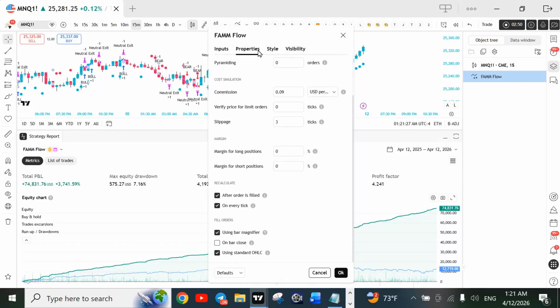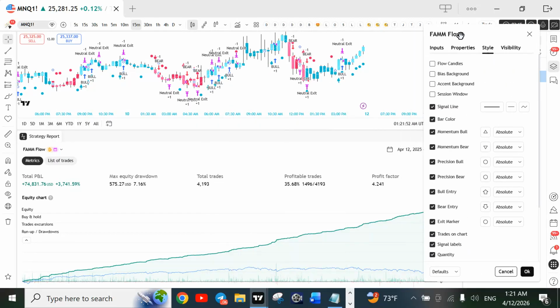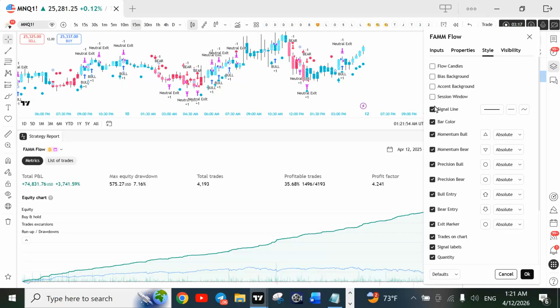And that's really it. Now, if you get it and it's not in this layout and you just pull it out, pause, these are going to be checked. I want you to uncheck all of these in style. Uncheck all of those, uncheck the bar color. This is what the bar color looks like right now, but you can uncheck that, have a normal session window.